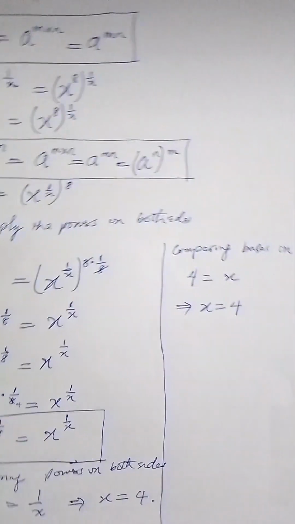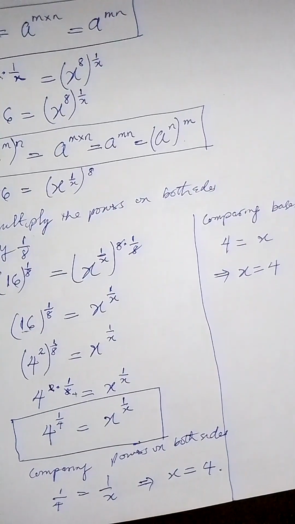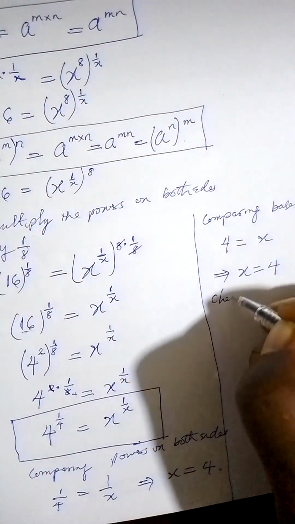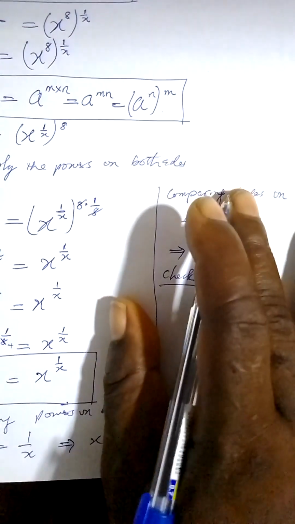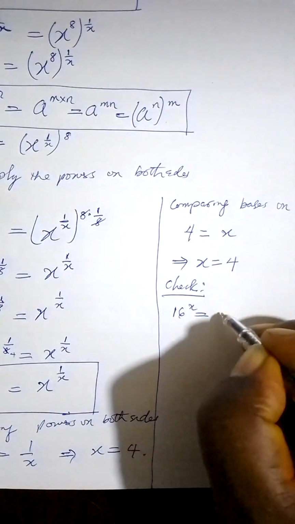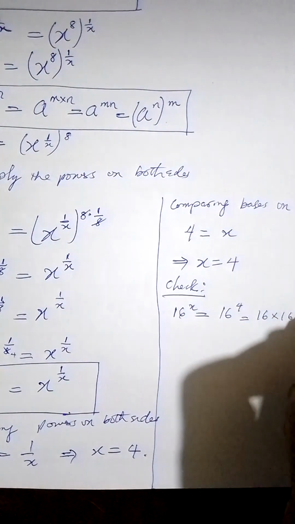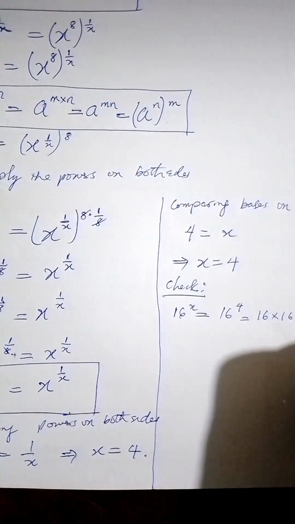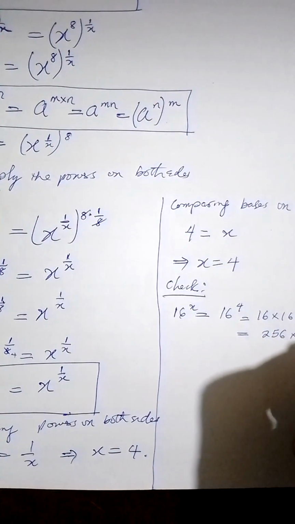So the solution to this is x equal to 4. We can check that. So let us see. We can check that by saying 16 to the power of x is the same thing as 16 to the power of 4, which means 16 times 16 times 16 times 16. This is 256 times 256.